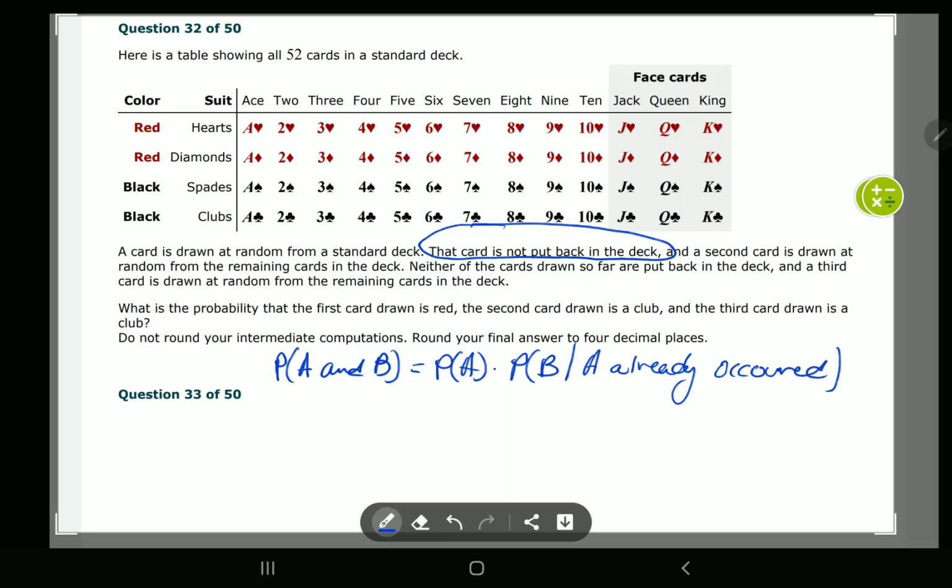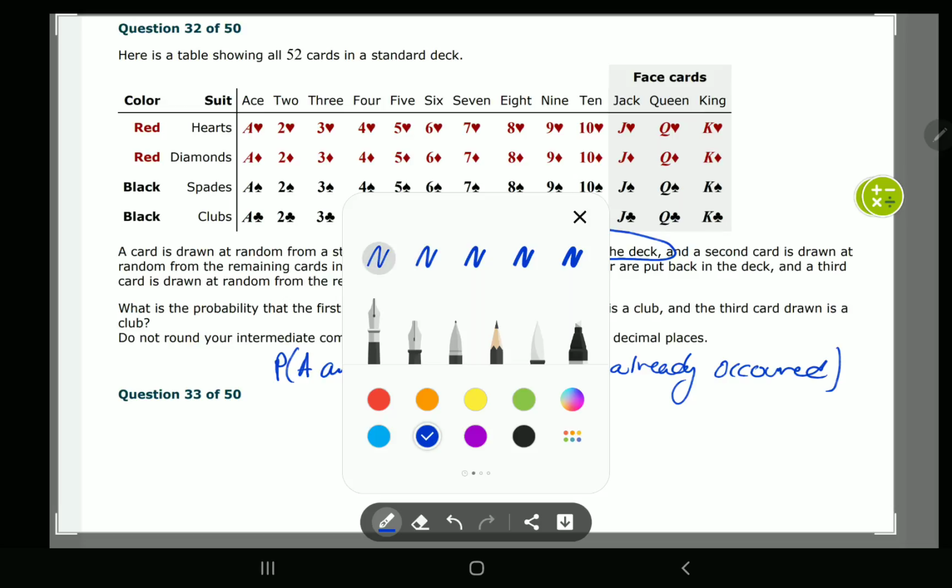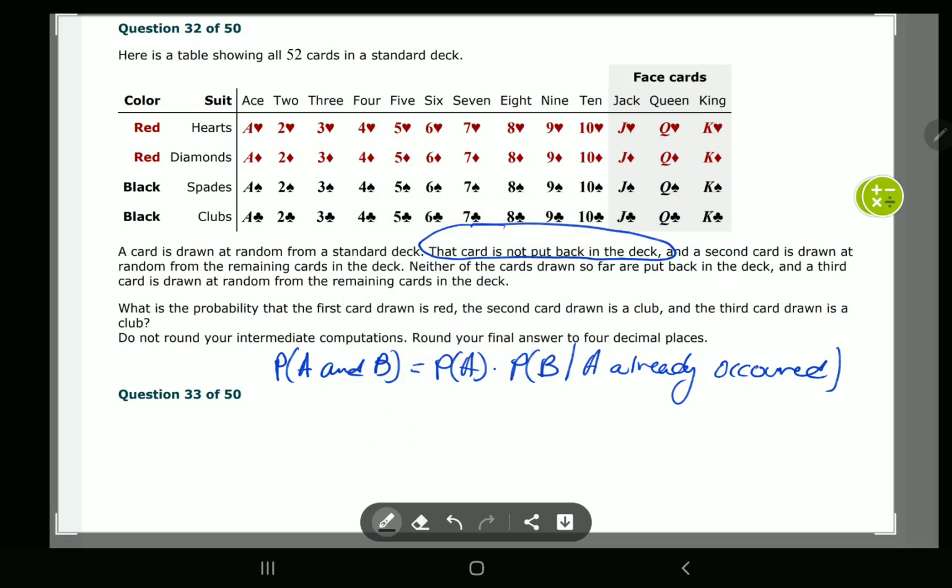Okay. Now I'm going to keep it a little bit simple in this case. So you want to find the probability that a red is first, a club is drawn second, and a club is drawn third.